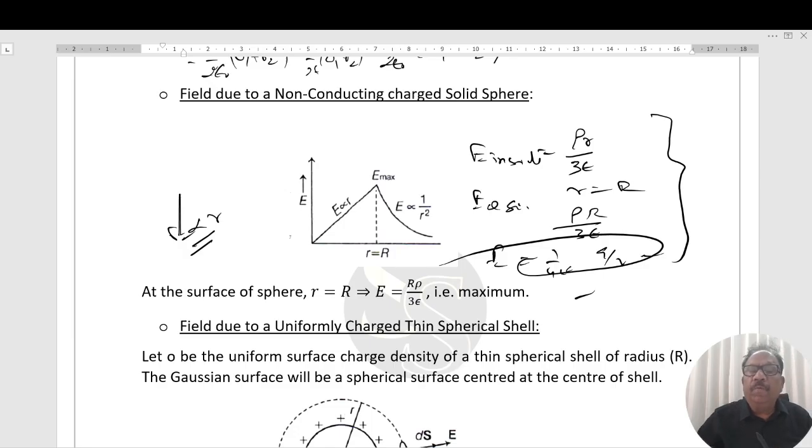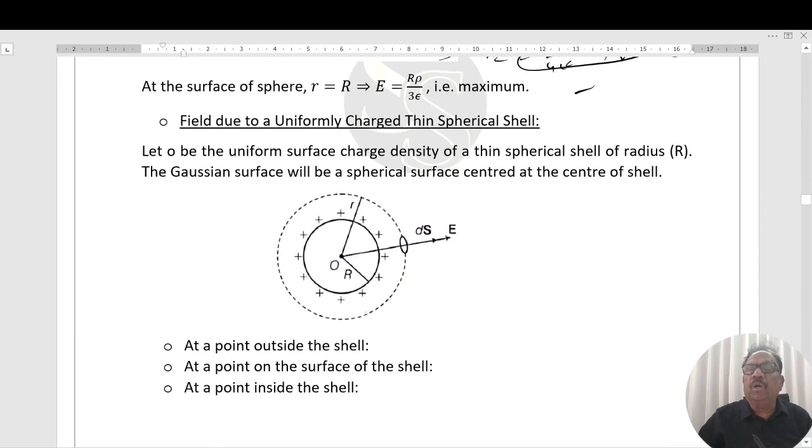Right? Field due to a uniformly charged thin spherical shell. This is the uniform surface charge sigma on a thin spherical shell of radius R. The Gaussian surface is spherical. Then outside, E equals 1 over 4 pi epsilon naught Q upon r square.